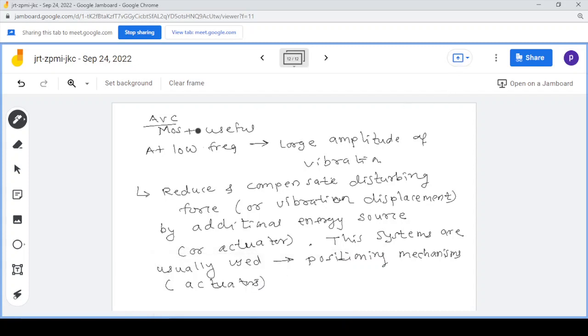Where do we find them most useful? At low frequencies and large amplitudes of vibration. And how do they reduce and compensate the disturbing force or vibration displacement? By an additional energy source, which is provided by the actuator, and these systems are usually used for positioning mechanisms or positioning actuators.